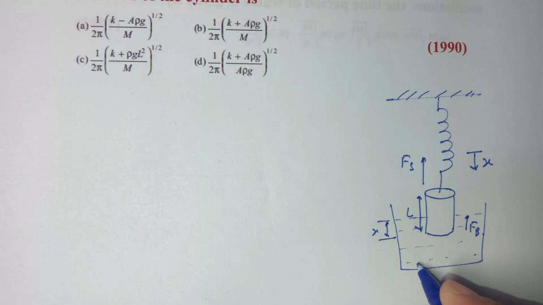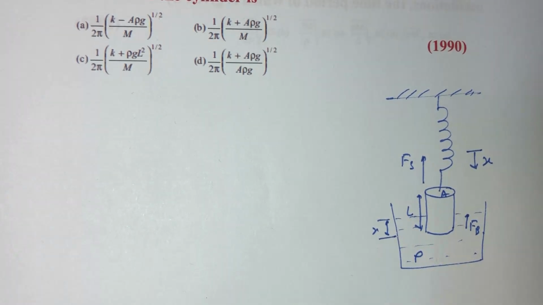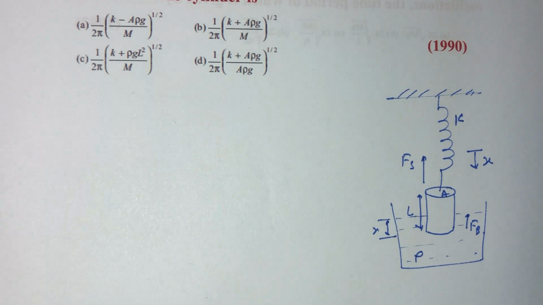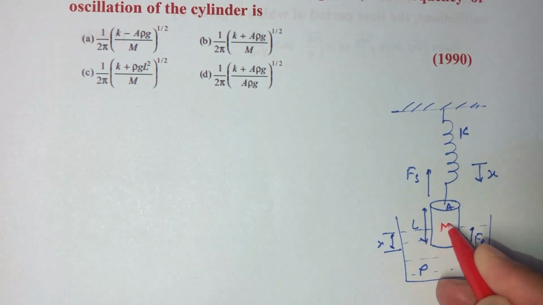Density of the liquid is given as rho, and A is the area of cross section of the cylinder. Force constant of the spring is given as K. So these are all the relevant things which are given. Mass is given as capital M for the cylinder.